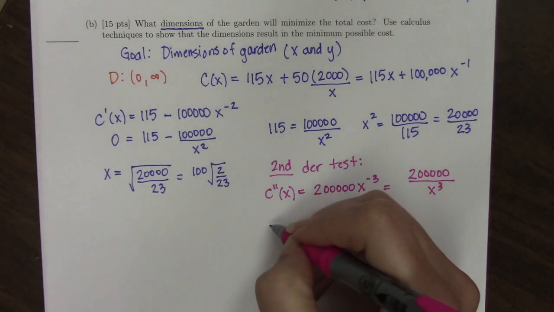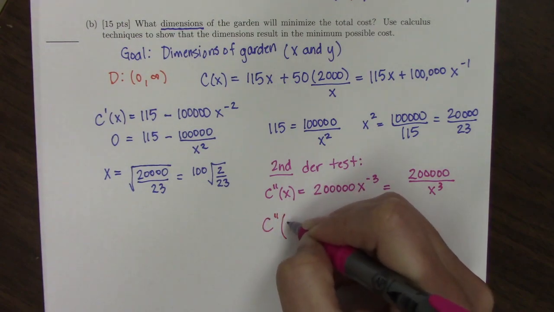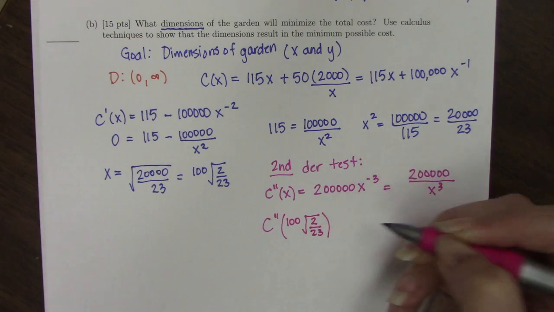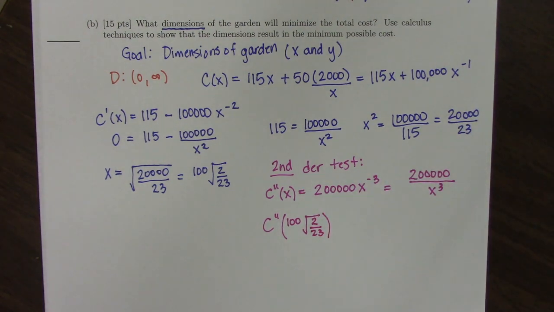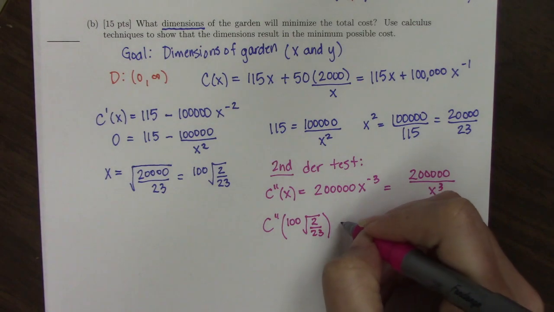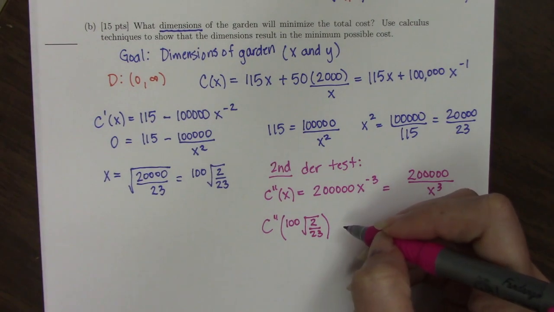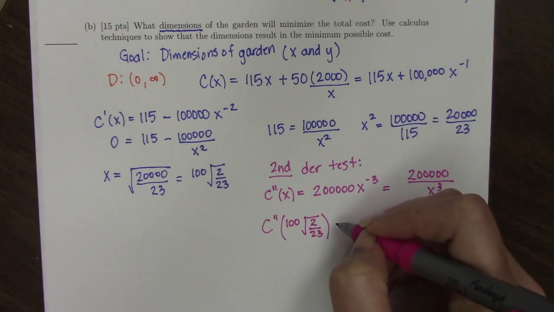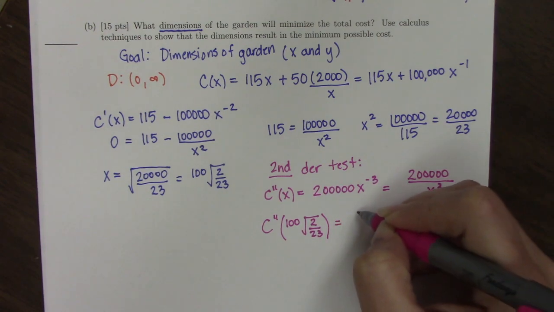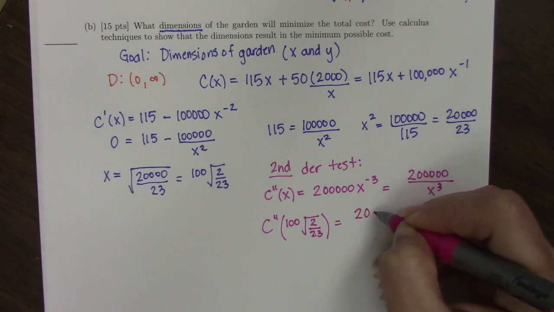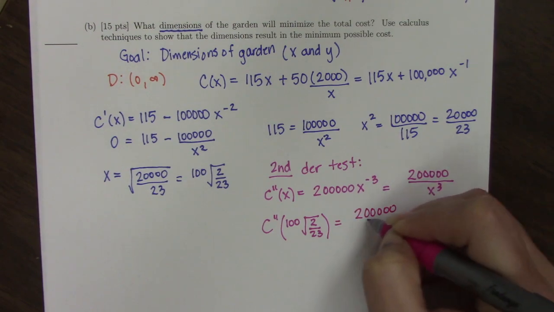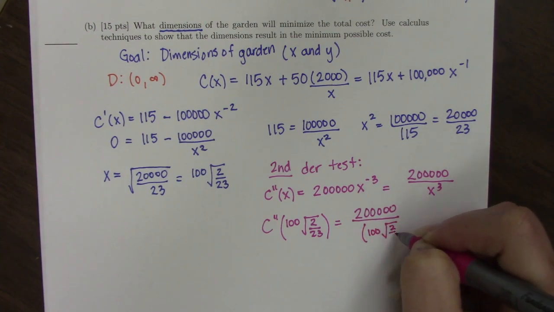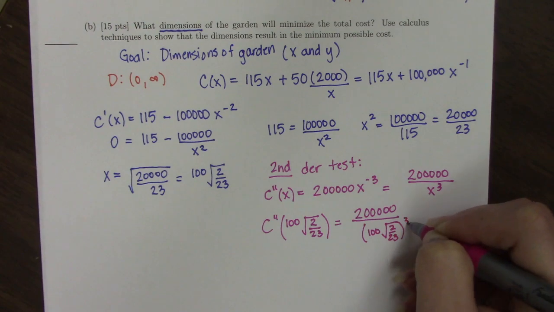When I plug my critical value into this, I end up getting 200,000 divided by 100 over 2 root 23 cubed.